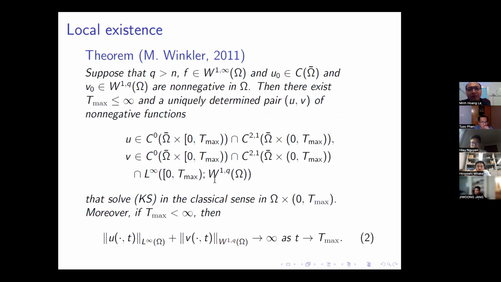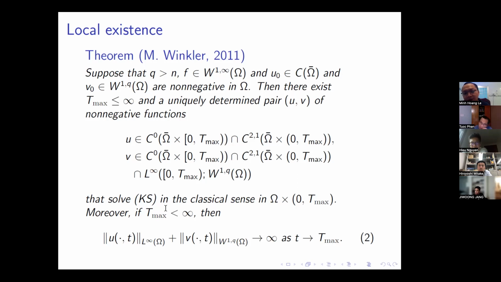All right. So before going to the main proof, let me recall some local existence results. The definition of local solution is that (u, v) belongs to this space, and T max we define as the maximum existence time. It can be infinity, and we have one nice property of the equation too. When T max is less than infinity, then we can show that the L infinity norm of u and the W^{1,q} norm of v converge to infinity as t converges to T max.